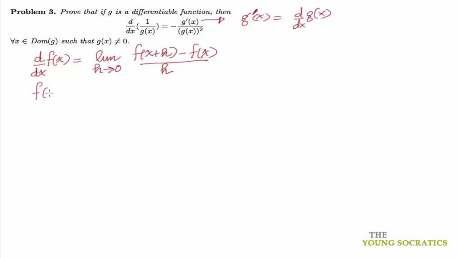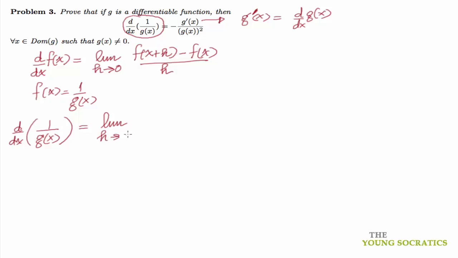Now consider f(x) to be equal to 1 over g(x). Therefore d by dx of 1 over g(x), and note that this is exactly what we want to have on the left hand side of the equation, will be equal to limit h tending to 0. Now I substitute 1 over g(x) here in this equation.